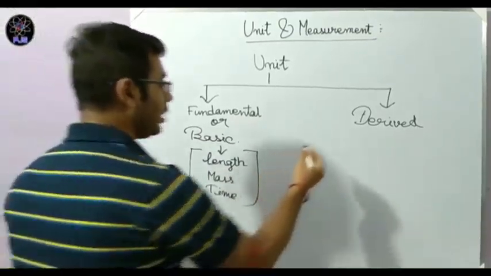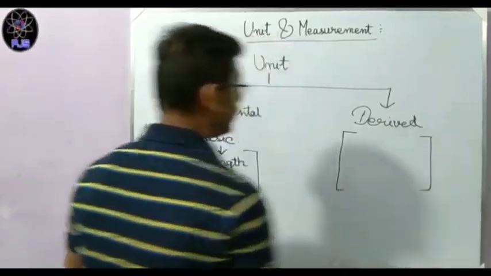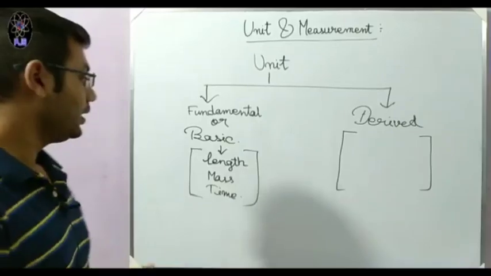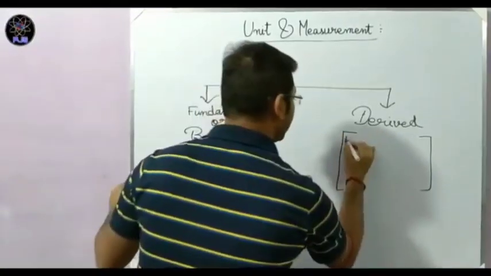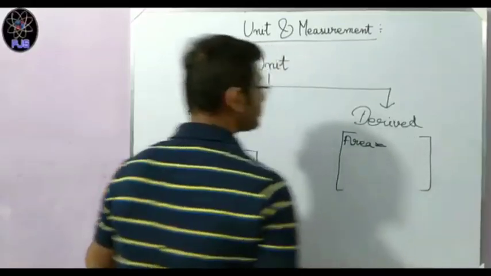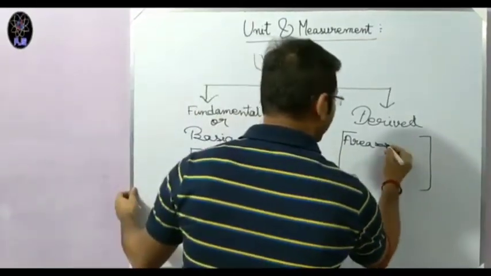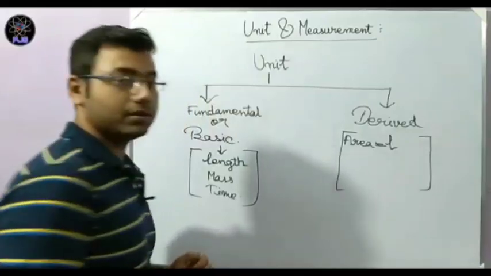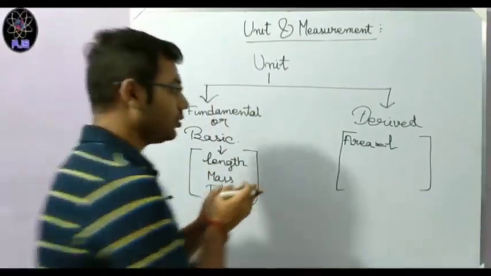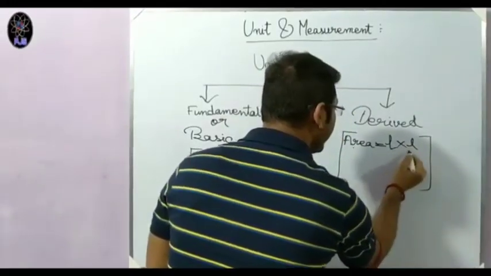Okay, now derived units, which depend on other units, like area. In case of area, we know that it is length into breadth. Now length into breadth is another length. So here area depends on length.